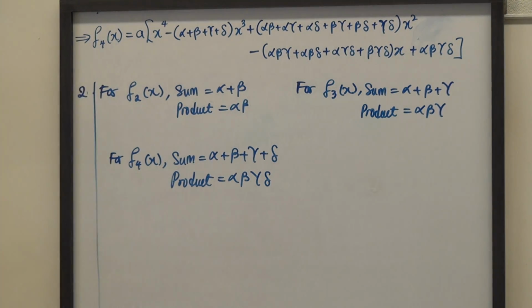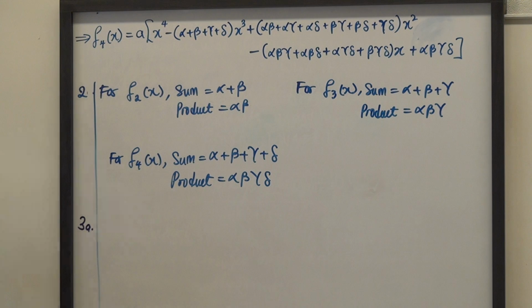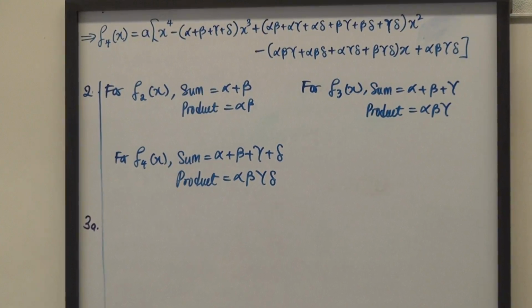Number 3 says, for each of these functions, compare the constant term with the product of the roots. Compare the constant term to the product of the roots. Okay? So the first one, let's compare the constant terms. The constant in the first one is alpha beta, right? Compare with the product. So a lot of you wrote, look at the second, before we even jump into that.